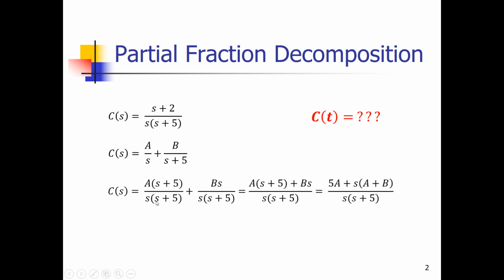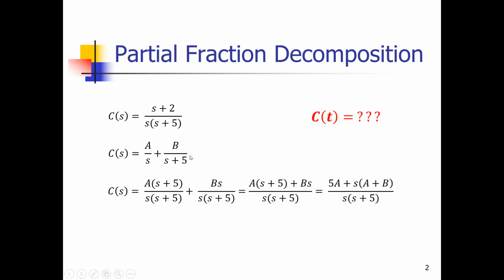But when we apply this in the denominator, we should also multiply the numerator by s plus 5 in order to get an equal fraction like this one over here. So we multiply s plus 5 in the denominator and s plus 5 in the numerator.